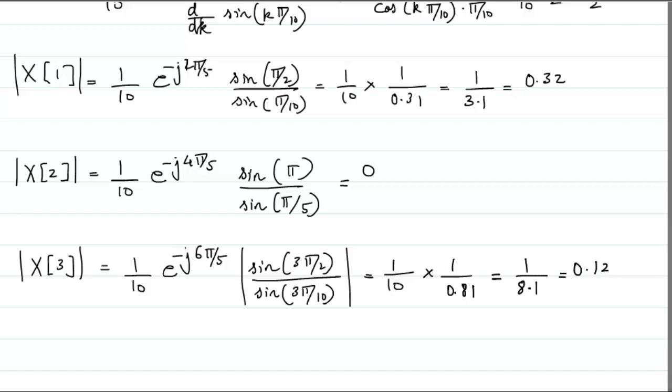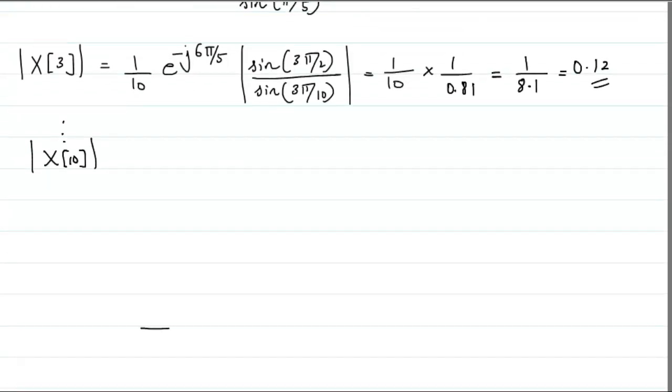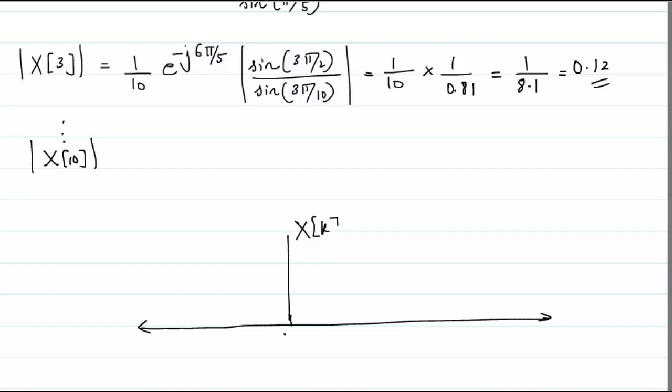Okay, so like that you can find out all the way up to x of 10, and then you can plot it in a graph by putting the values. So x of 0 is something, this is capital X of K. So for 0, what is the value you got? For 1, what is the value you got? All the way up to 9.